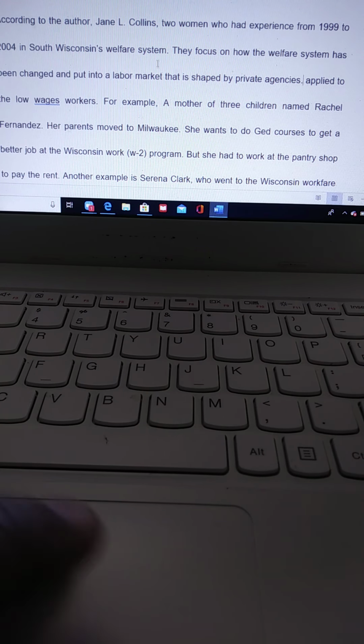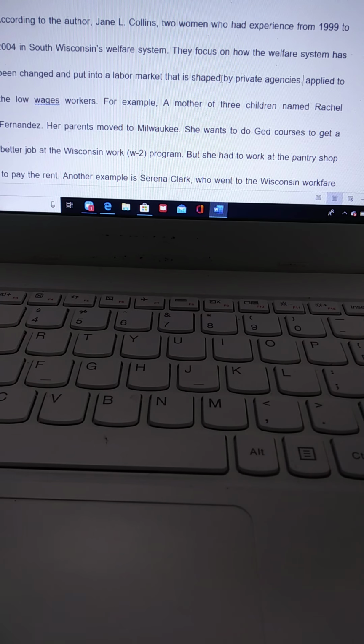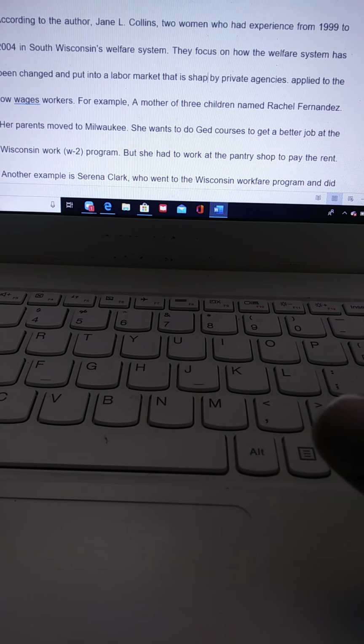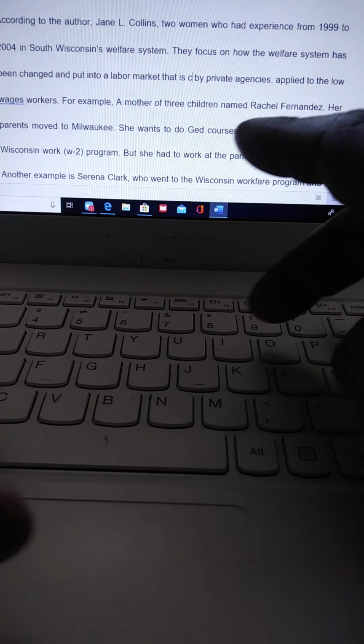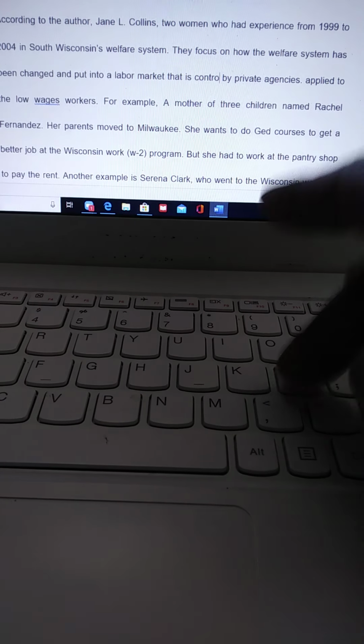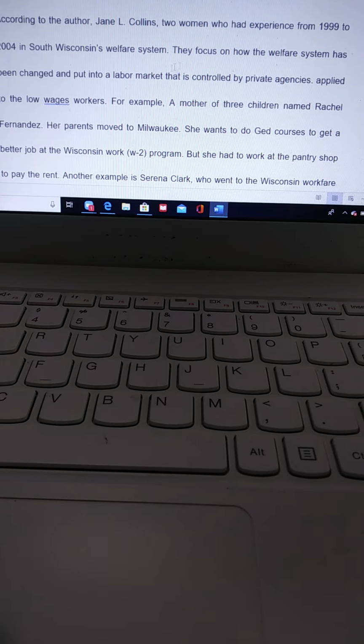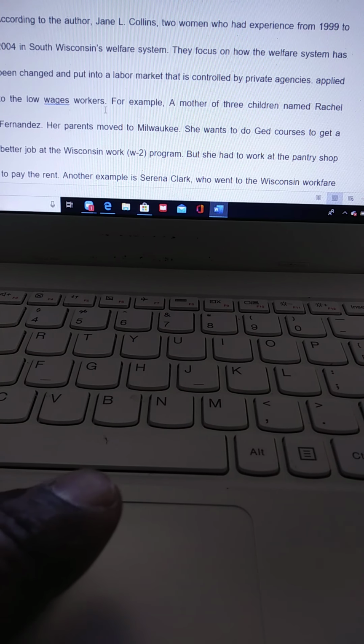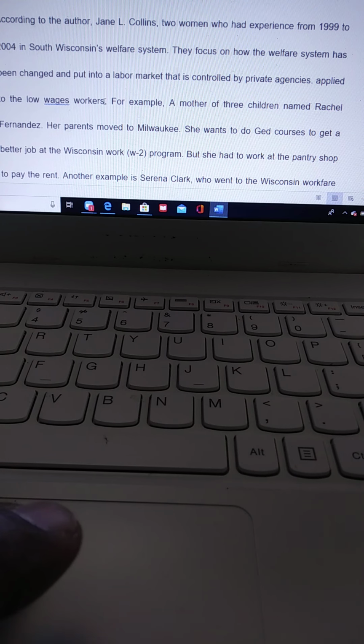So here, instead of saying shaped, maybe you could say that is. What if you say controlled? Controlled by private agencies, to a labor market that applies to workers. So we'll put, I'm not sure.